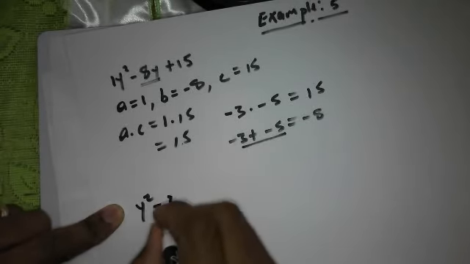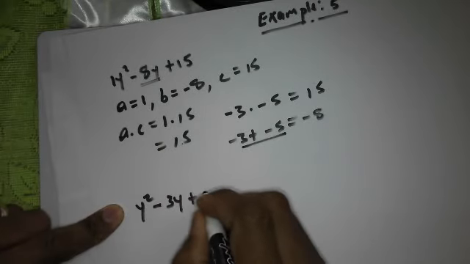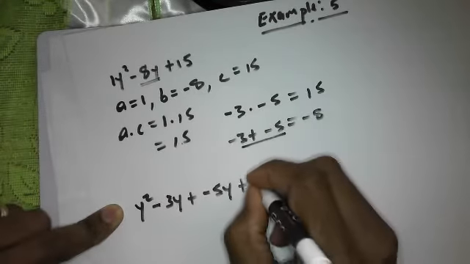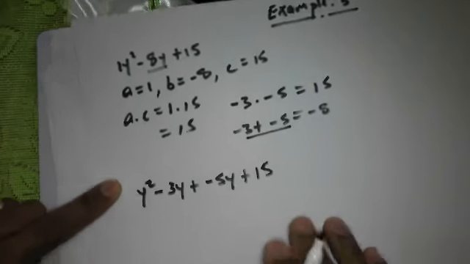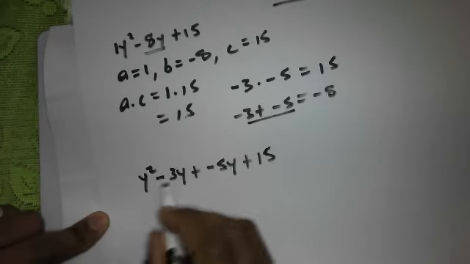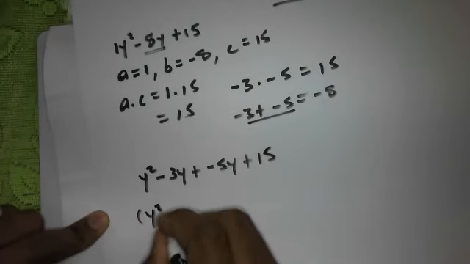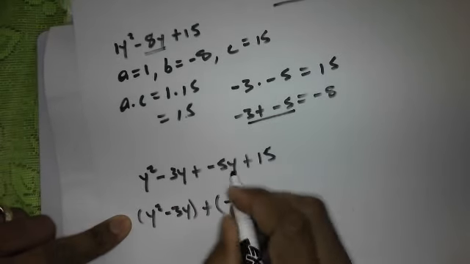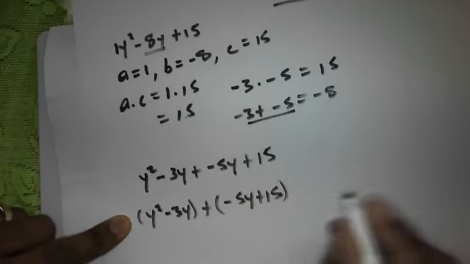So that will be minus 3y plus minus 5y plus my 15 here. Okay, and I put these two in parentheses, so that is y squared minus 3y plus negative 5y plus 15.